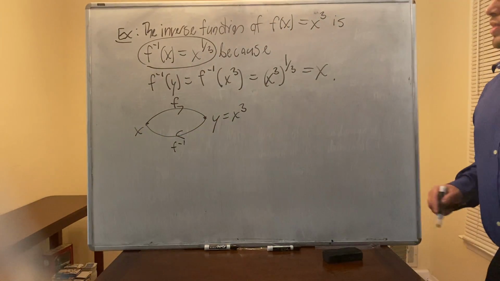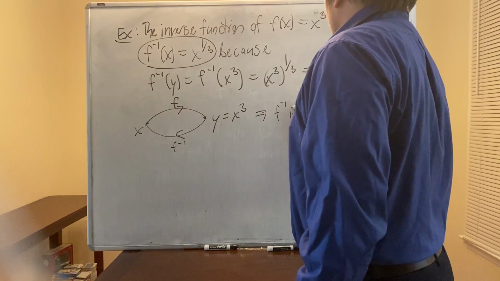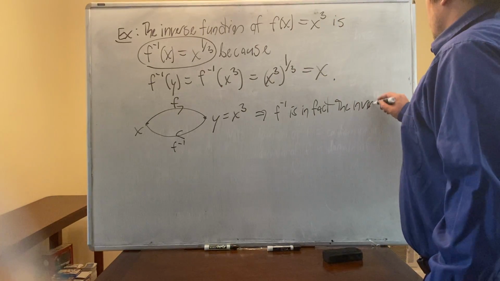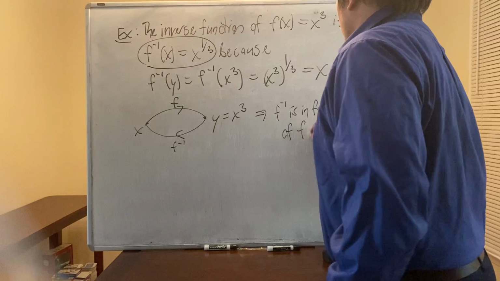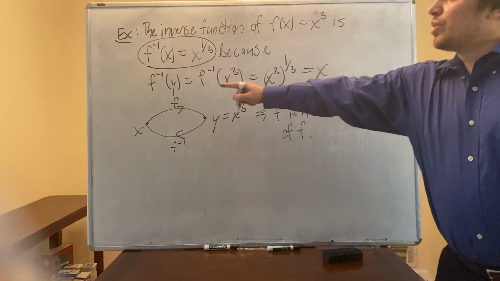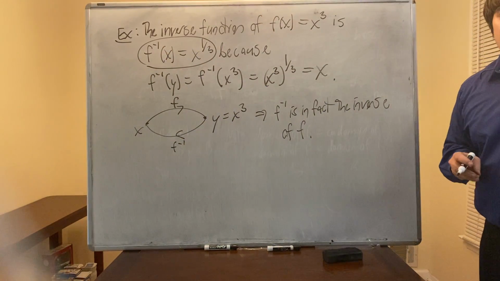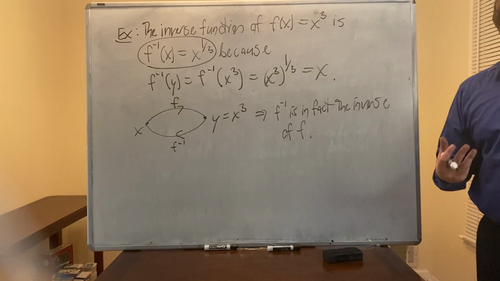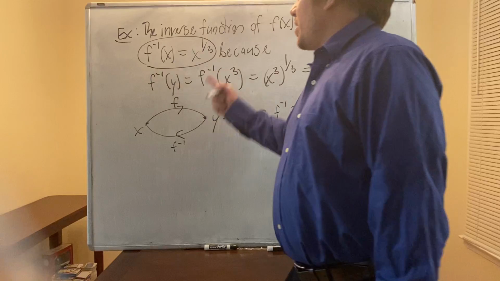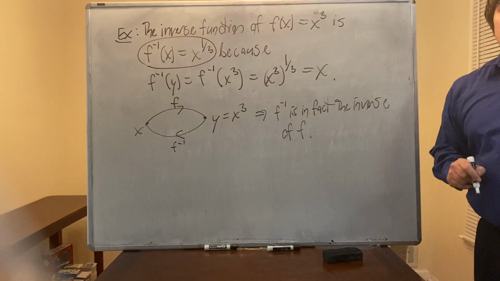And so that implies that f inverse is in fact the inverse of f. Okay, so we defined f inverse there. We gave it that name. But just because we say f inverse of x is equal to that doesn't mean it is the inverse of f. We claim it's the inverse of f, and we justify it by saying f inverse of y is equal to x and making a correct argument for that.